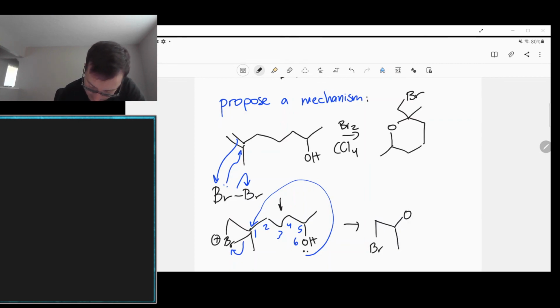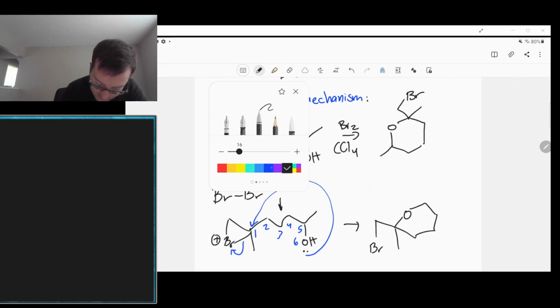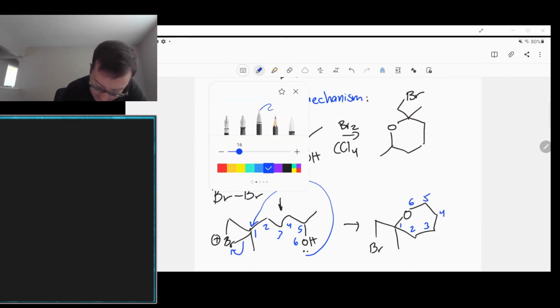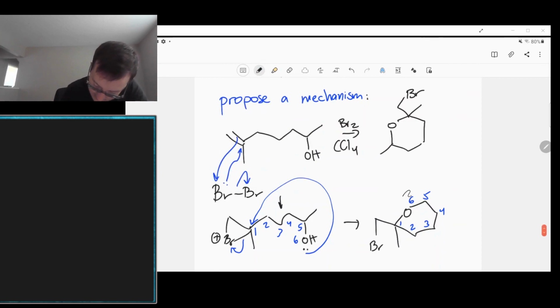And we have now the rest of the molecule, the 1, 2, 3, 4, 5 parts of that. 1, 2, 3, 4, 5, 6. That oxygen still has a hydrogen on it, so it is positively charged.